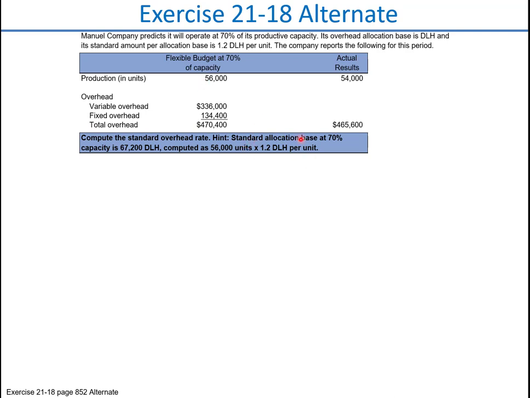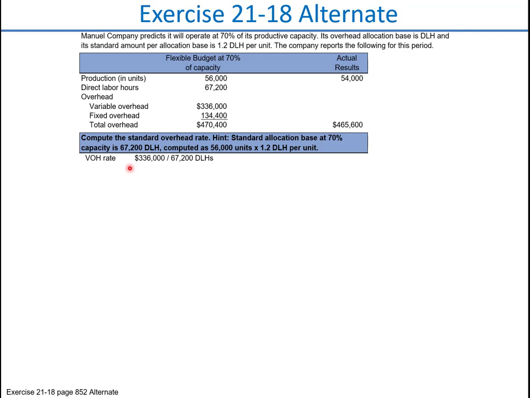Also, the standard allocation base at 70% capacity is 67,200 direct labor hours. That is computed as 56,000 times 1.2 direct labor hours per unit. So it should take them 67,200 direct labor hours to make 56,000 units.